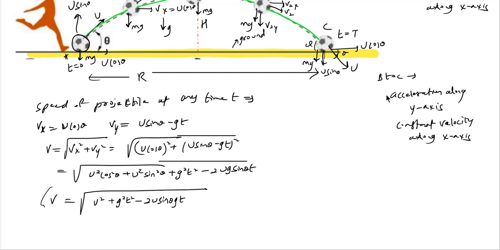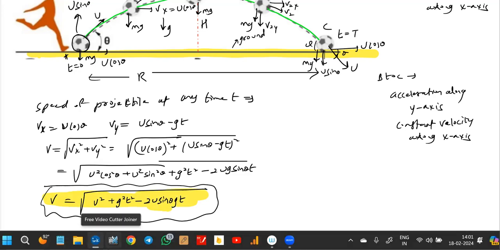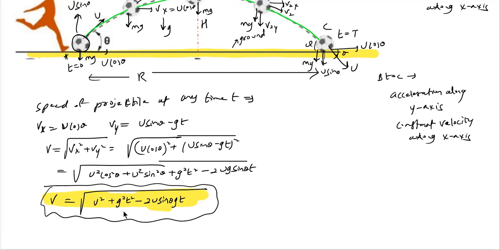Like this, we get the expression for the speed of the projectile at any time t. I think this was the thing which was asked. We are just applying equations of motion, nothing big.